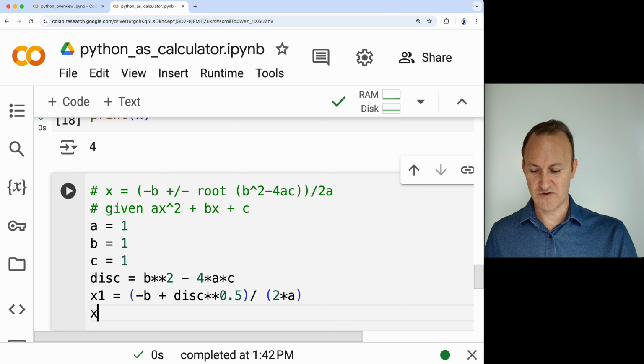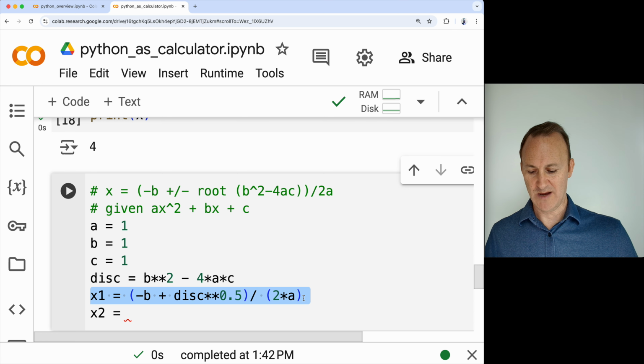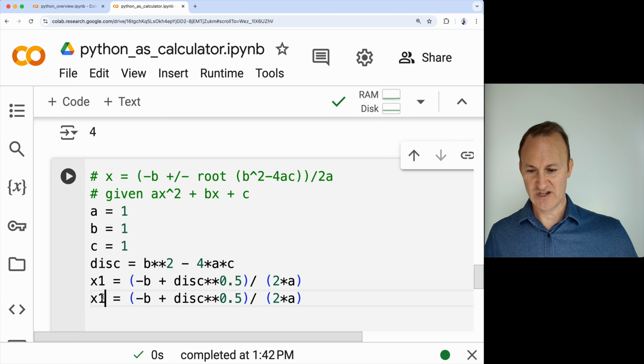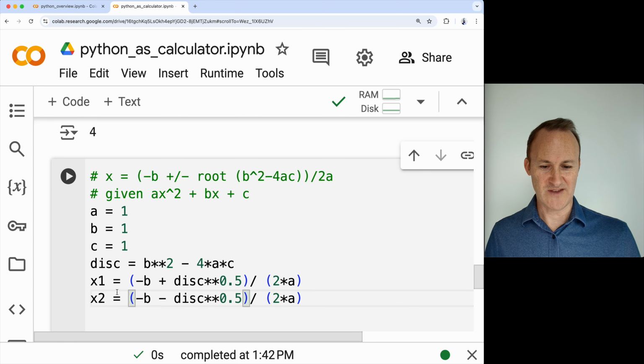Okay, and x2 is very similar. We can, in effect, copy it. You copy the whole line, Command-C, Command-V, change it to x2, and all we change is minus, plus or minus. Okay, that's one way to get 2 different answers.